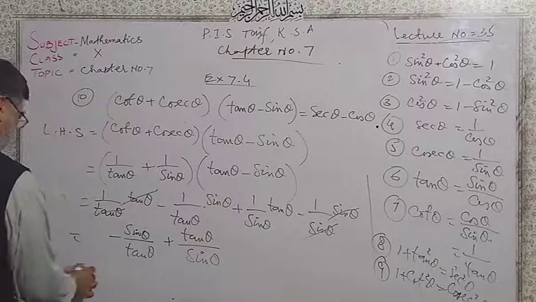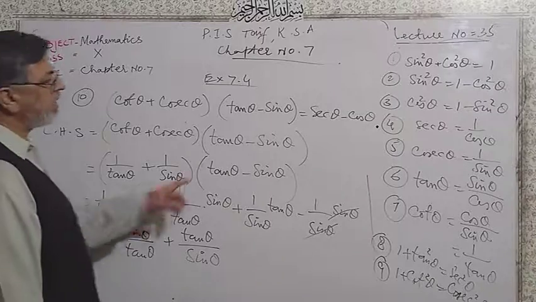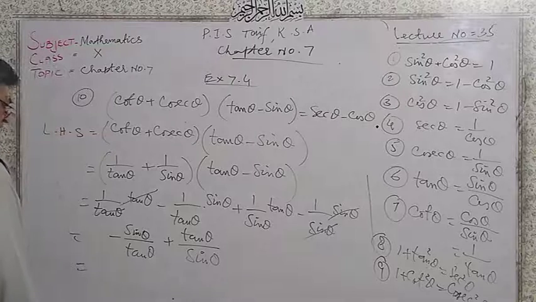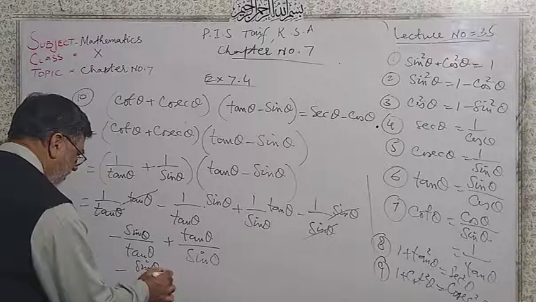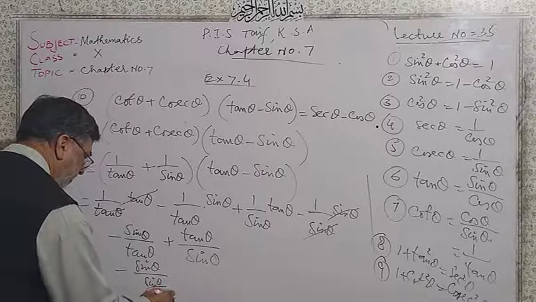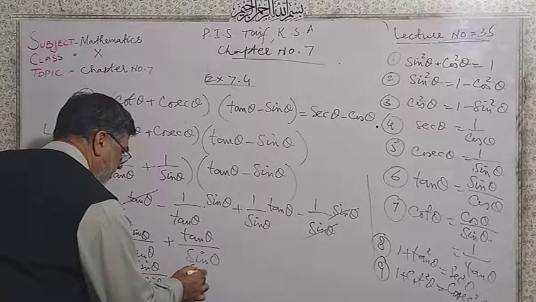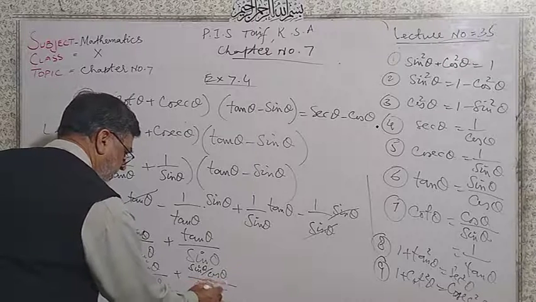After that, you know, tangent is actually sine over cos. We will write down minus sine theta over (sine theta over cos theta) plus (tangent theta is sine theta over cos theta) whole over sine theta.